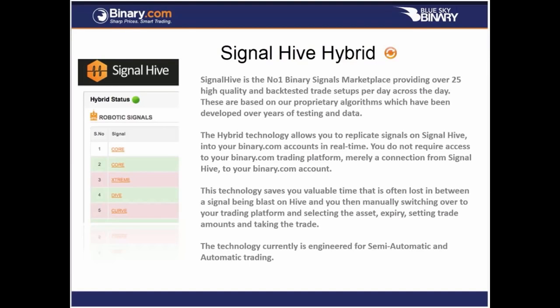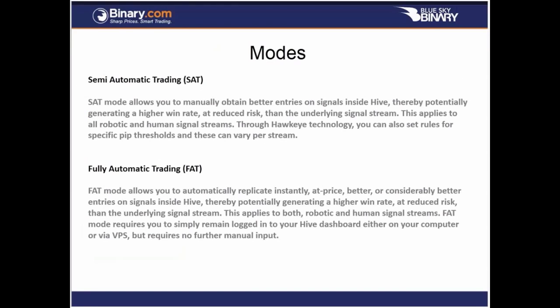This technology is currently engineered for semi-automatic and also fully automatic trading, and I'm going to discuss a bit about those two. So we have the semi-automatic trading, also known as the SAT mode.